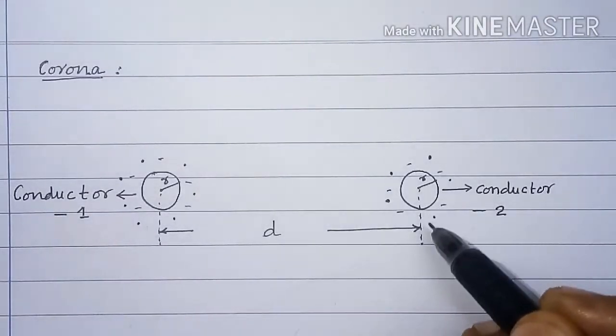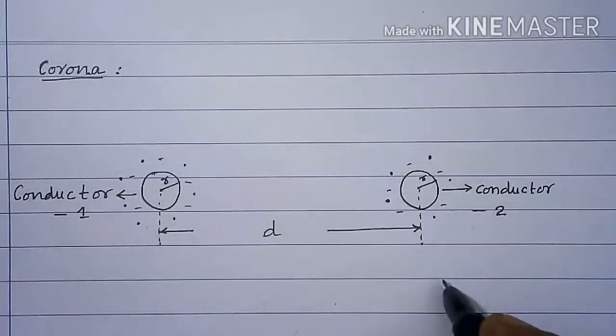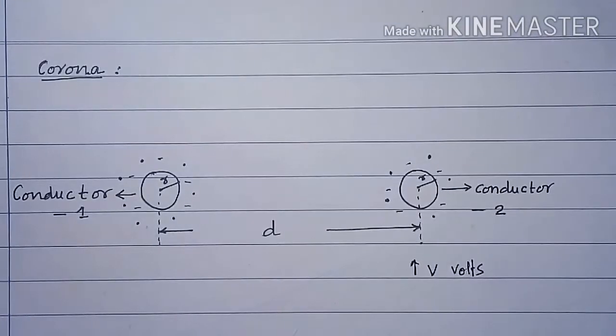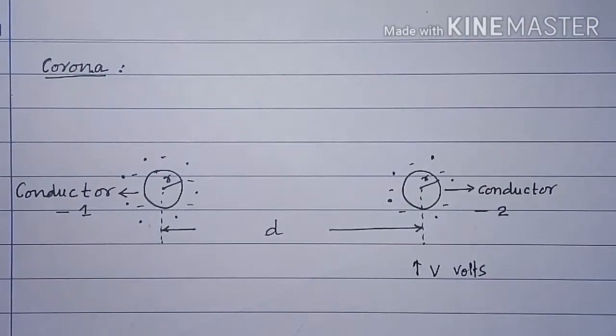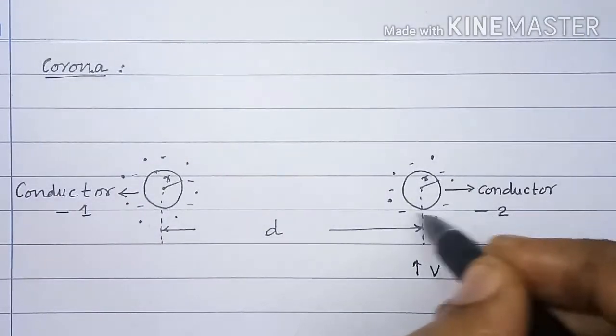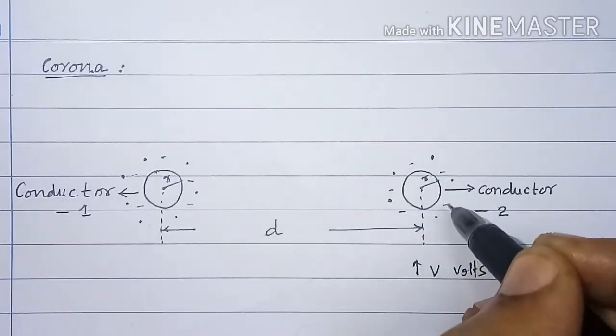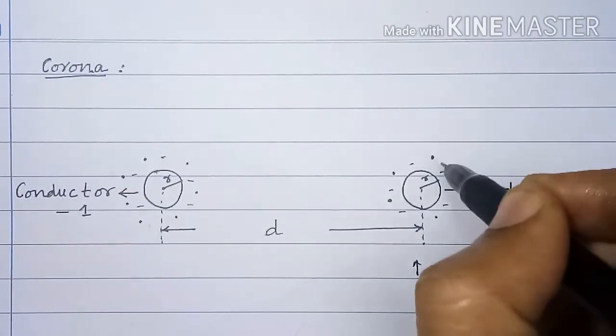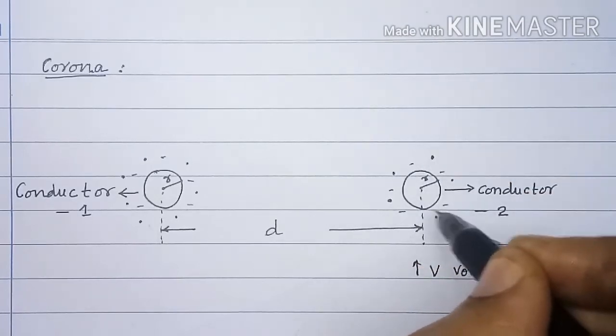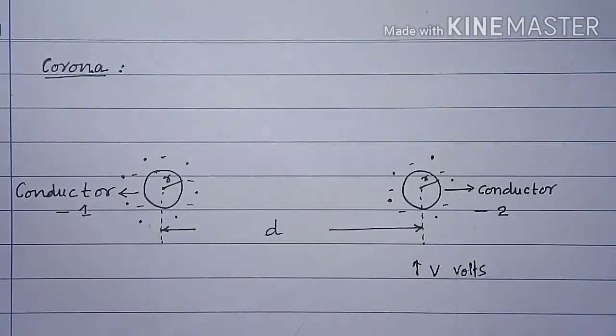Now when we go on increasing the potential difference between the two conductors, these free electrons around the conductors will get accelerated. When they get accelerated, they start moving faster and they collide with the gas molecules on their path.